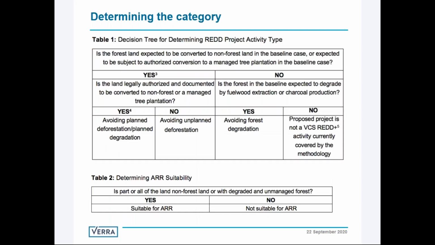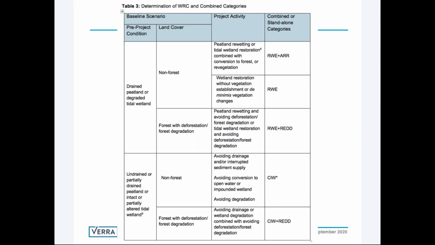So the framework document provides a couple of tables which will help you to choose which category is relevant for your project. And the first table helps you to determine whether you're doing a REDD project activity type. And the second table helps you to determine whether there is suitability for ARR. And then is the third table, which we extended to include tidal wetlands.